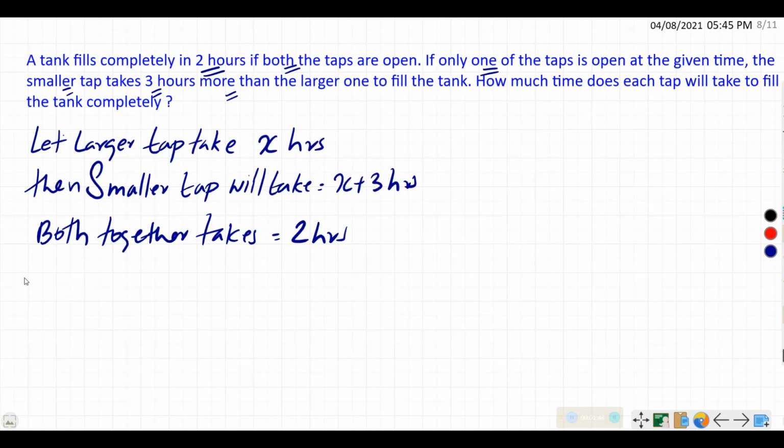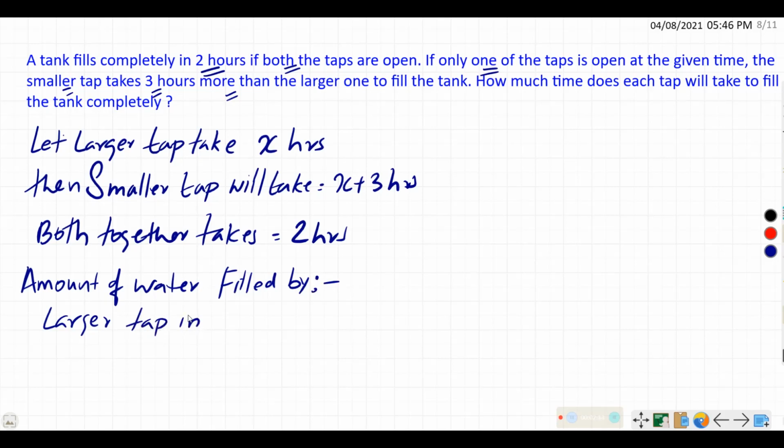More than that, we have an idea about how this process happens. If it takes X hours, it fills 1 upon X part of the tank in 1 hour. That means the amount of water filled in 1 hour by the larger tap will be equal to 1 upon X part of the tank, correct?